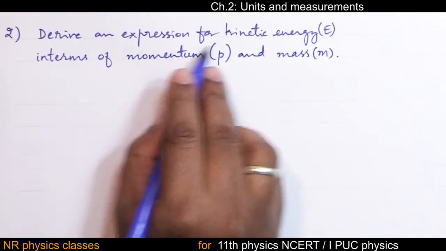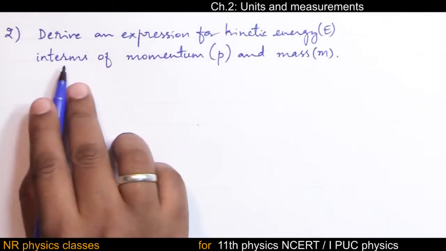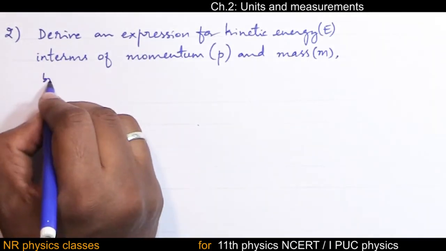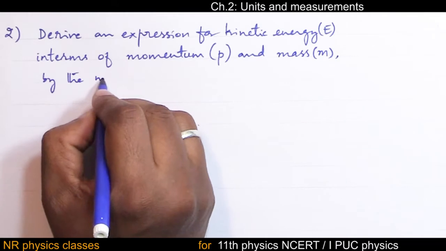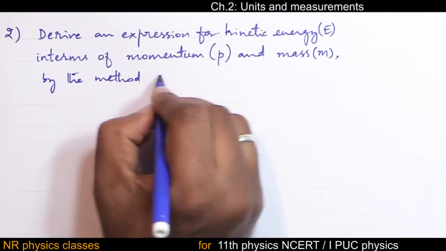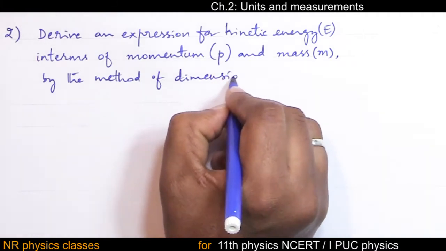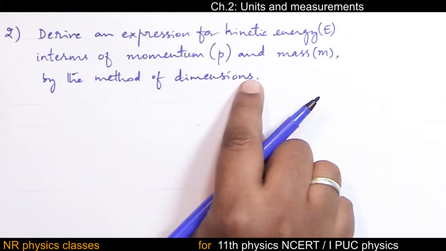Derive an expression for kinetic energy in terms of momentum and mass by the method of dimensions.